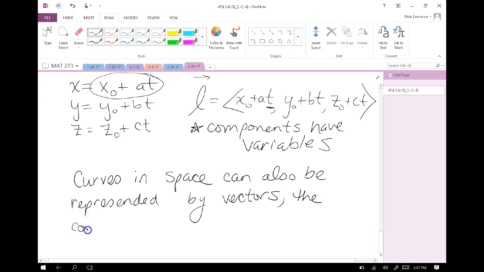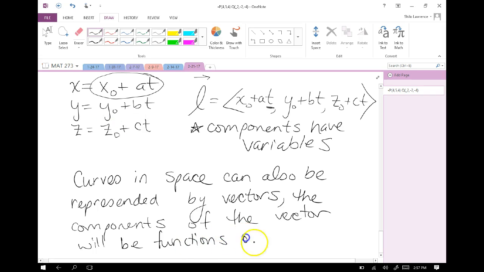The components of the vector will be functions of t. As we saw with the line, when the rate of change is constant for each of our components, it just creates a straight line. But if the rate of change is not constant, that's when we start creating some curve.